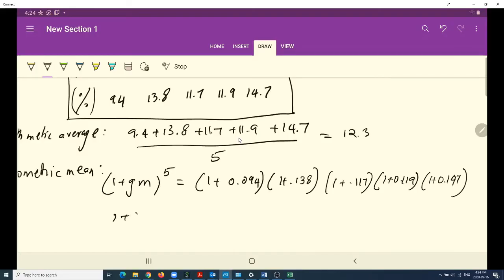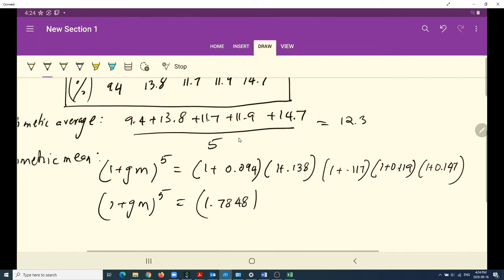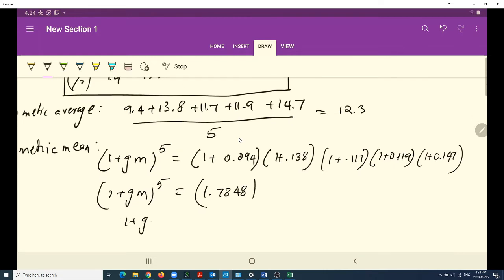So 1 plus geometric mean whole power 5 is going to be 1.7848. So back to this, 1 plus geometric mean would be the fifth root of 1.7848, or sometimes you could see it as 1.7848 whole power 1 by 5.